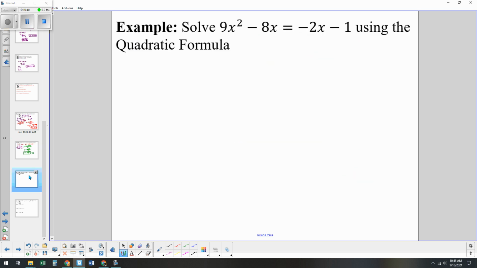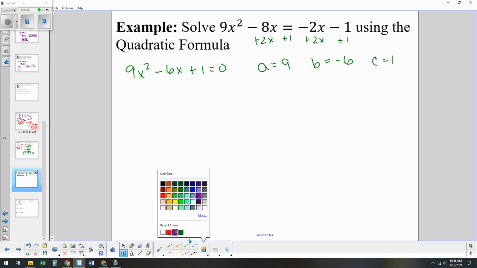Let's do yet another one together. So I'm going to have to add 2x first and add 1. So I have 9x squared minus 6x plus 1 equals 0. So a is 9, b is negative 6, c is 1.